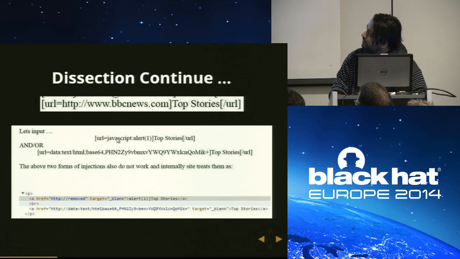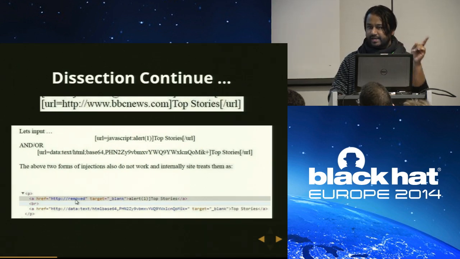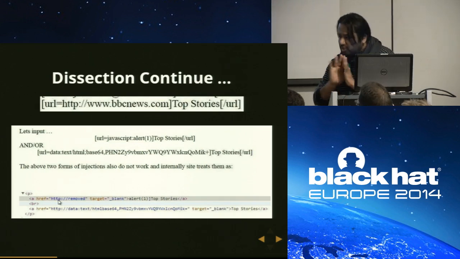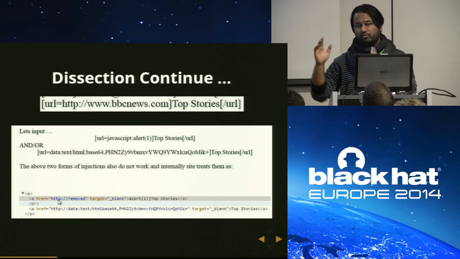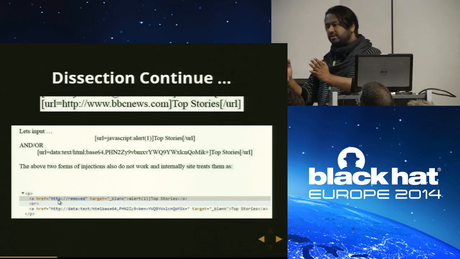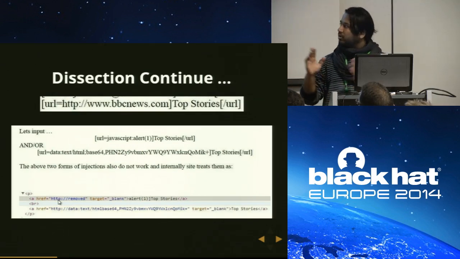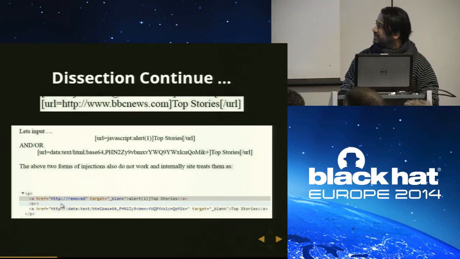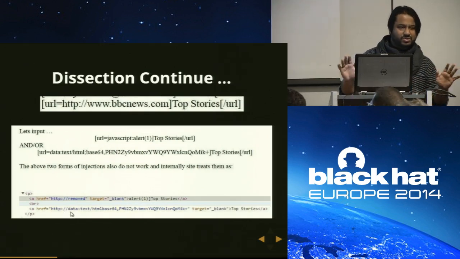They have removed the word JavaScript because CodeIgniter was there. It is creating hurdles. It is stopping me. And at the same time, they have appended HTTP colon. It means this is not going to work. If you force the URL to start with HTTP, it will not work. You cannot execute JavaScript. In a similar manner, they have appended HTTP here in the data URI. It means that this also does not work.